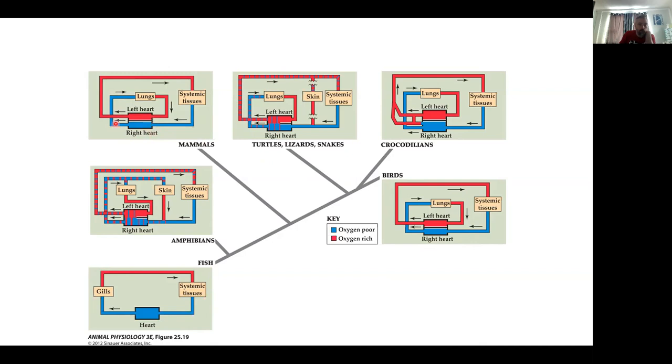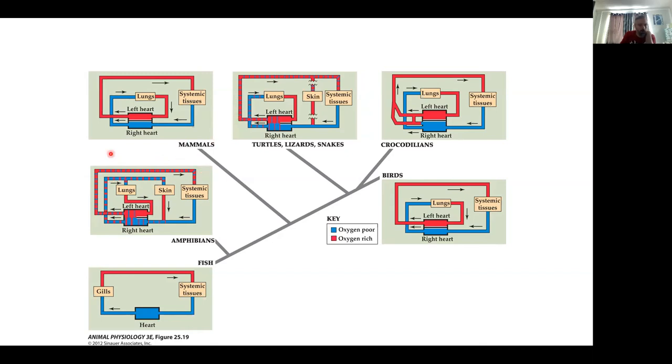And the degree to which these two are separated depends on the internal separation within the heart. So we get something like a turtle or a lizard or even an amphibian that have imperfectly or incompletely separated ventricles, there's going to be some mixing and mingling. It's not perfect, but it's better than nothing, right?